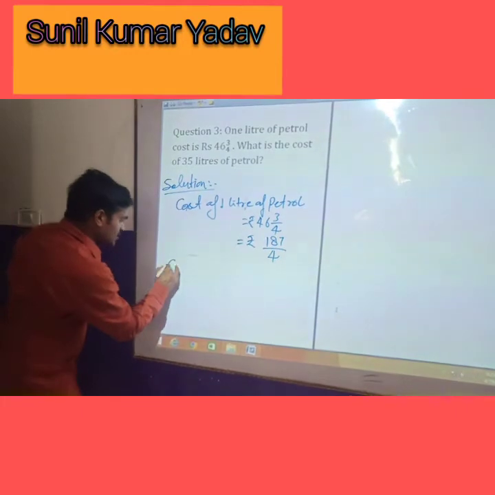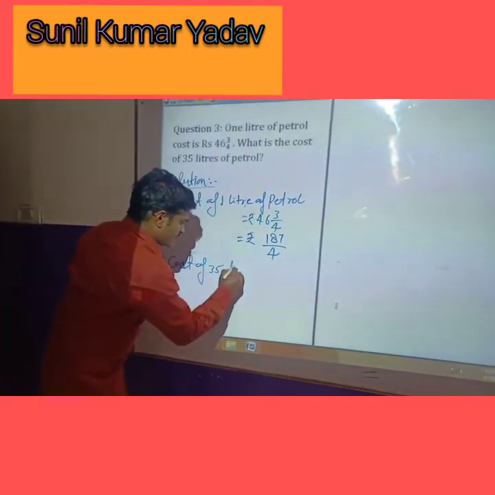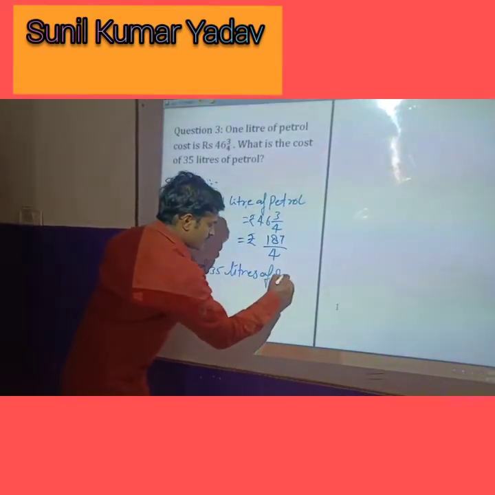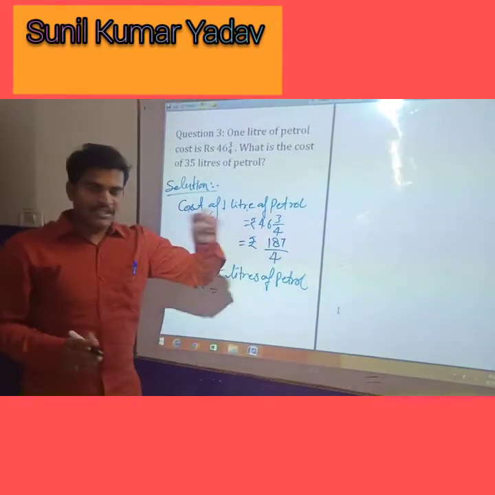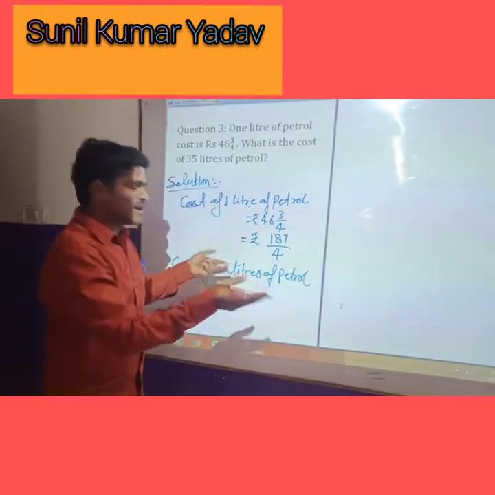We have to find the cost of 35 liters of petrol. If the cost of 1 liter of petrol is given, then the cost of 2 liters, the cost of 3 liters, whatever is asked, you can find by multiplying.